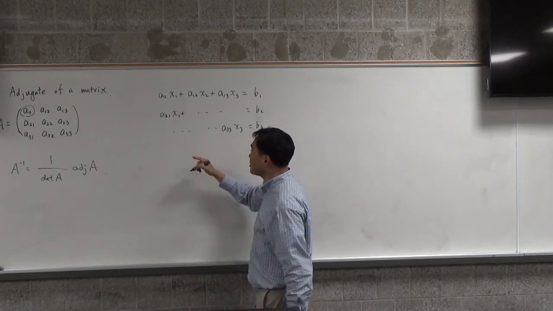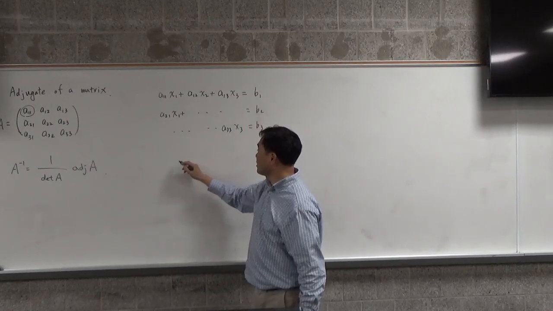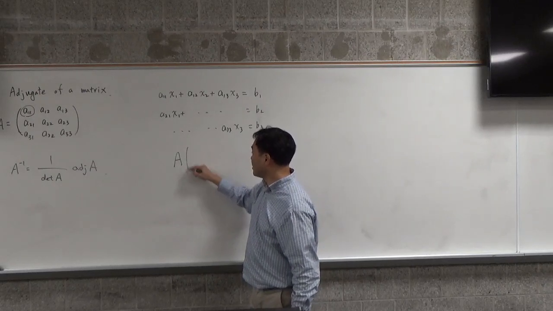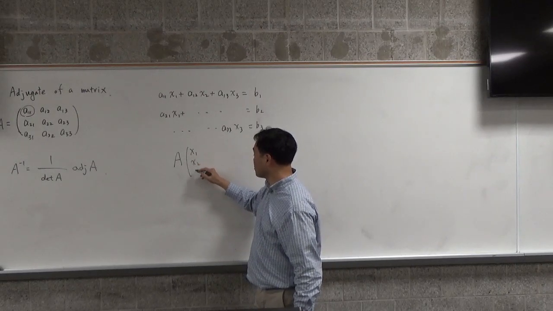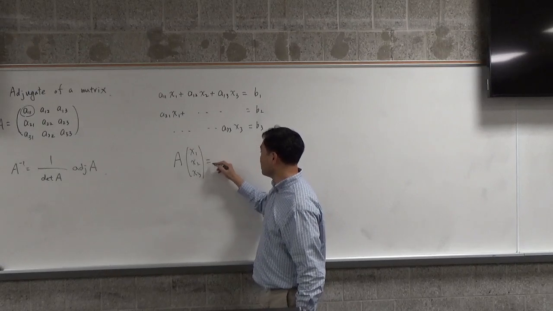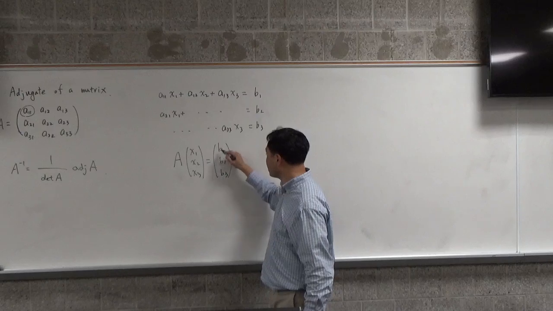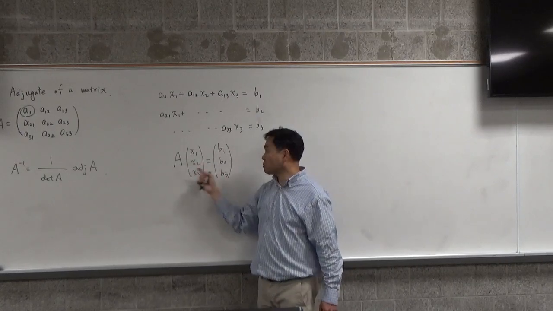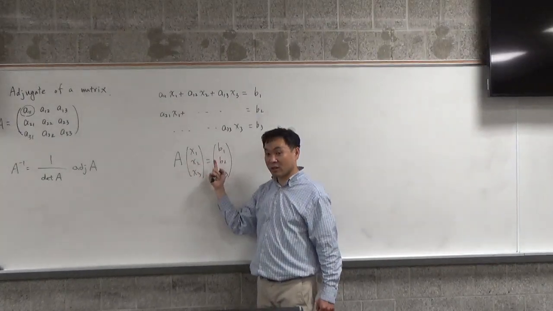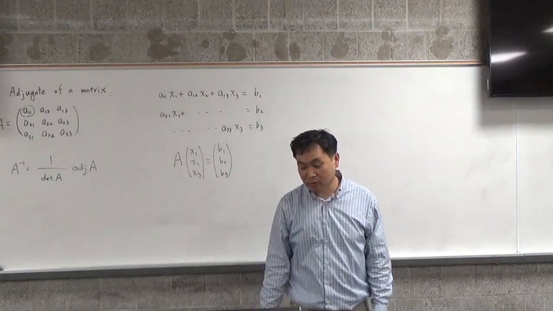If you have that, then you can rewrite this as matrix A times x1, x2, x3 equals B1, B2, B3. And you can solve this by multiplying the inverse to the other side to get the answer.